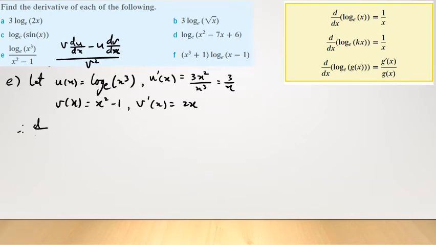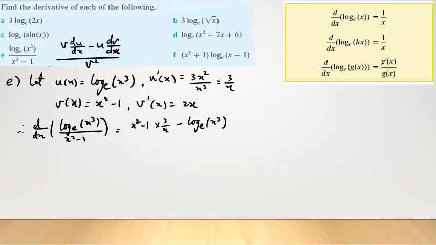So then d dx of that whole thing is equal to v du dx minus u dv dx all over v squared.